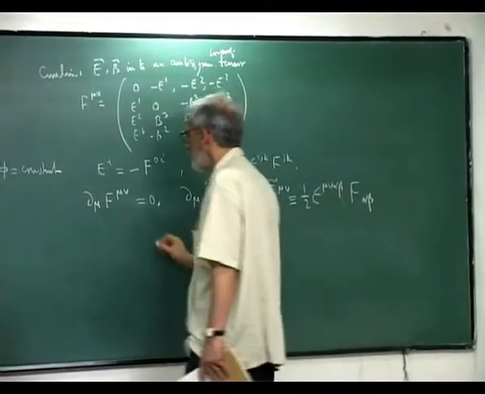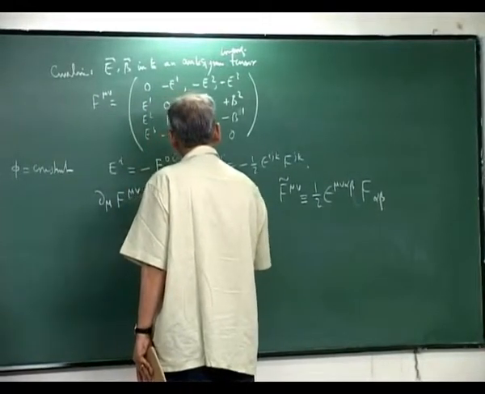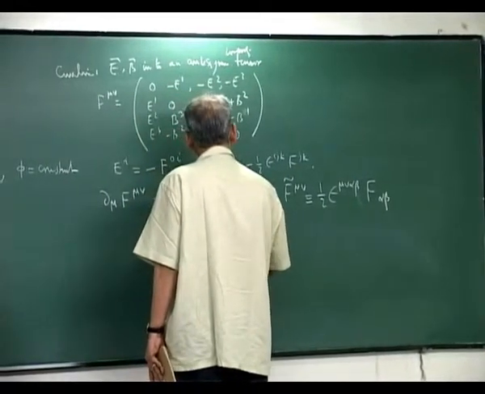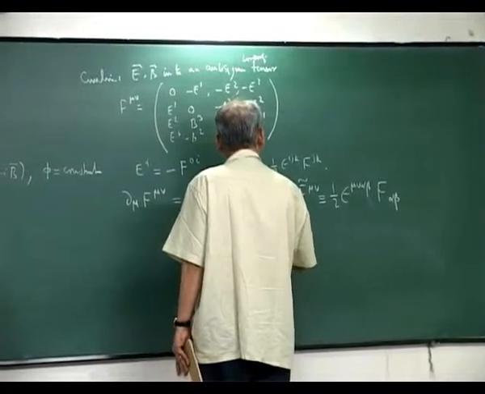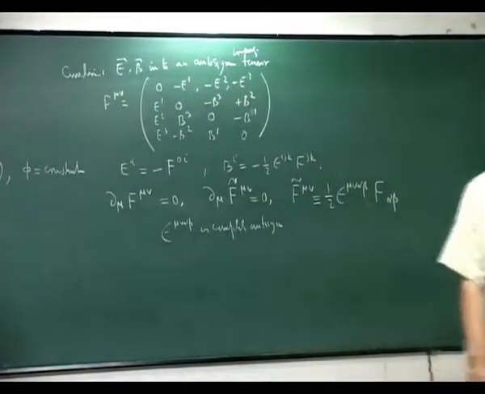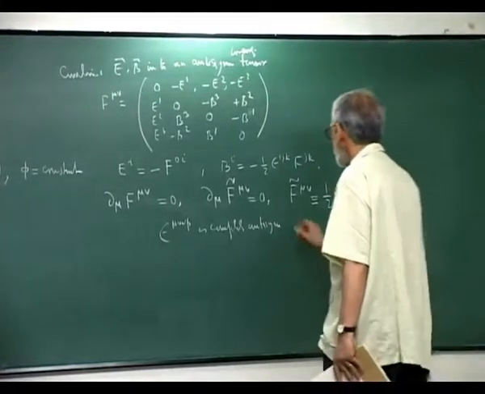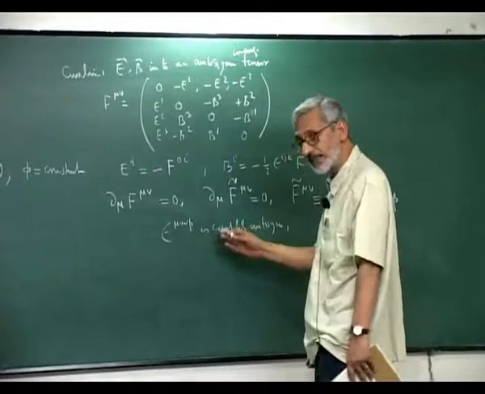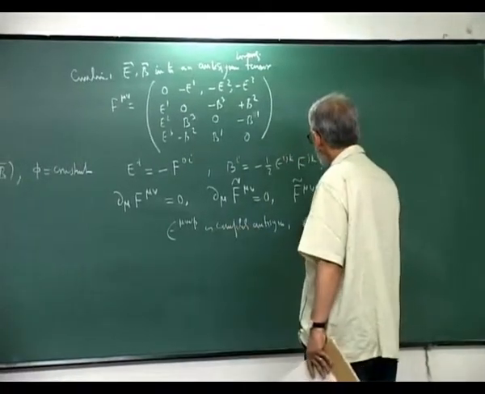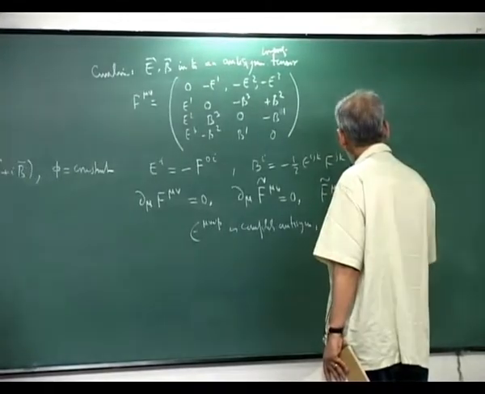And epsilon mu nu alpha beta is completely antisymmetric, which means if I change any two indices in that, it changes sign, with components which are plus or minus 1 and 0, with the convention that epsilon 0123 is plus 1.